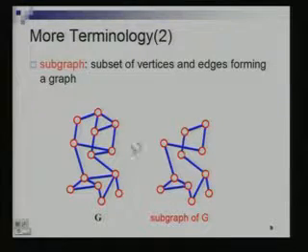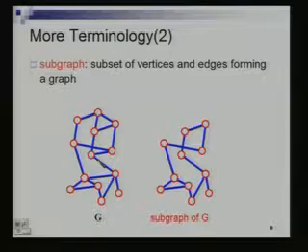So, I took some vertices from here: 1, 2, 3, 4, 5, 6, 7, 8, 9, 10, 11 vertices. There are 13 vertices in here, I took 11 of them and I took some of the edges between these vertices. I have not taken all the edges. As you can see, this edge is not here. This would be called a subgraph of this graph.